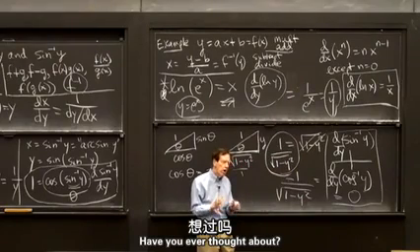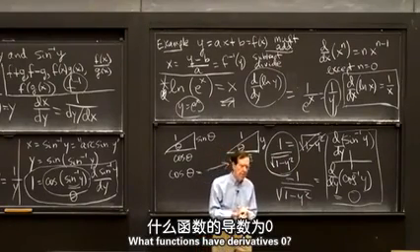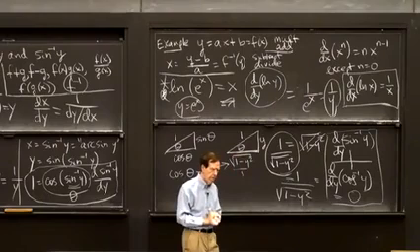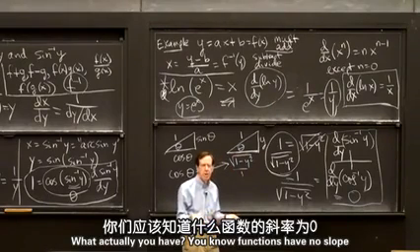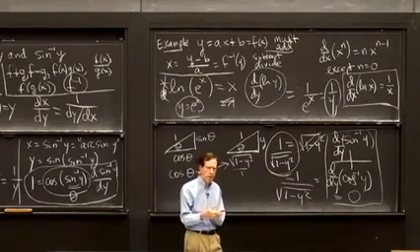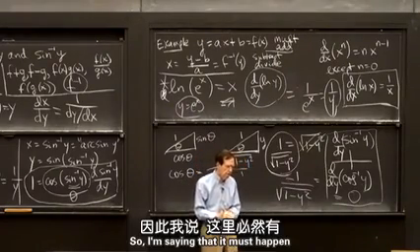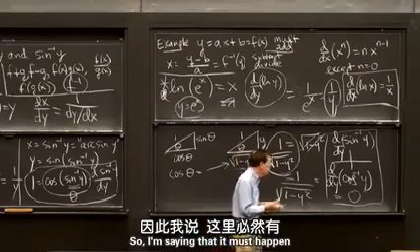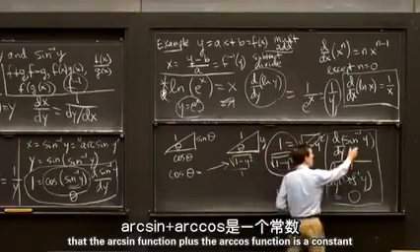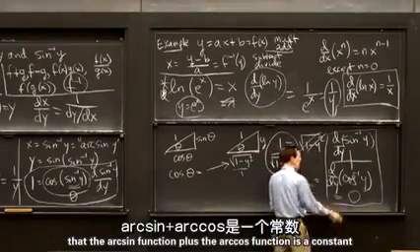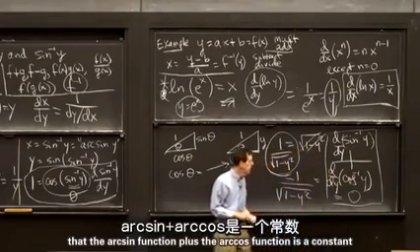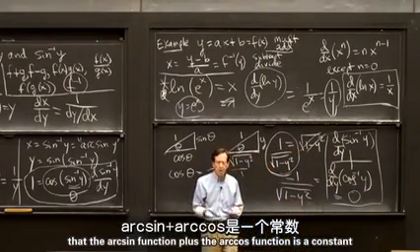Have you ever thought about what functions have derivative 0? Well, actually you have. You know what functions have no slope. Constant functions. So I'm saying that it must happen that the arc sine function plus the arc cosine function is a constant.